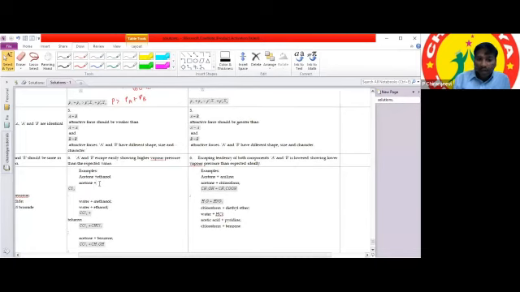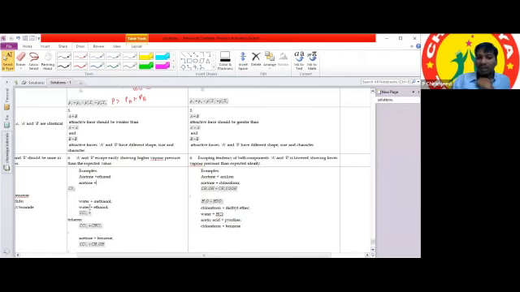Now, acetone and ethanol is an example of positive deviation non-ideal solutions. And the mixture of acetone and carbon disulfide is an example of positive deviation non-ideal solution.